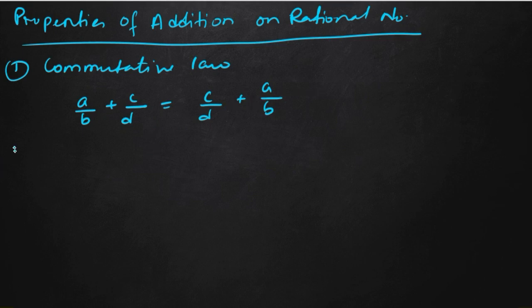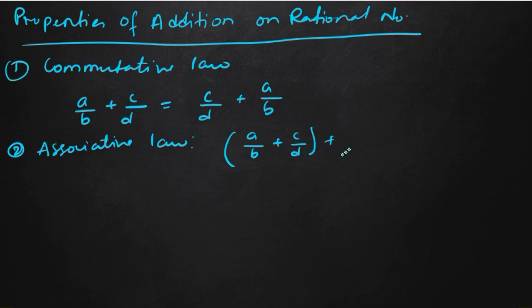Number 2, second is our associative law. This law states that for a by b plus c by d, suppose we take another fraction e by f. Bracket means we have to solve the bracket quantity first, and then add that result to the other number.